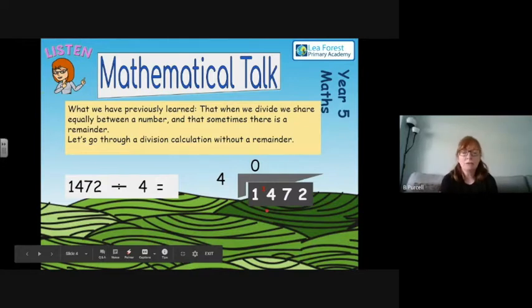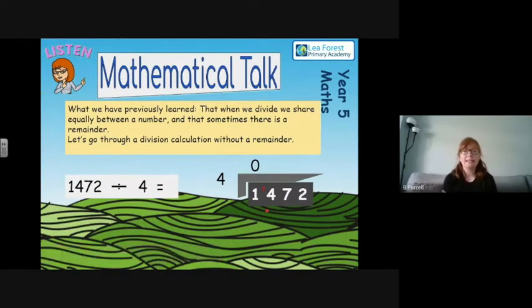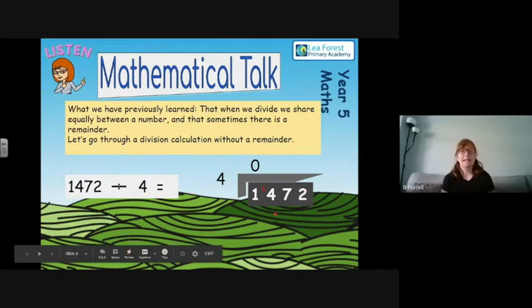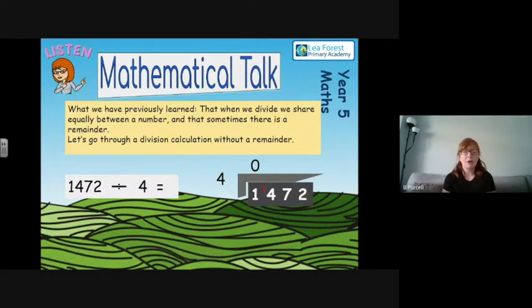Can I divide 14 between 4? Yes, I can. And I can check that using my 4 times table. So I can count in 4s: 4, 8, 12, 16. If I get to 16, I've gone beyond 14. So 14 divided by 4: 4, 8, 12. 12 is the closest I can get, which is 3 times 4.